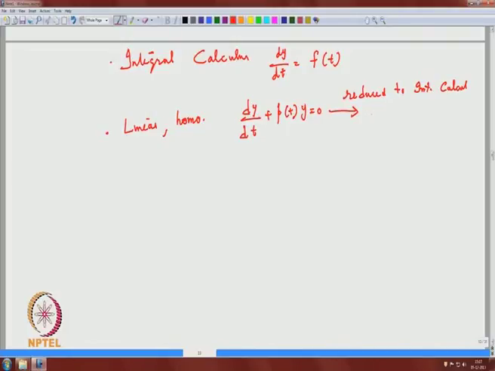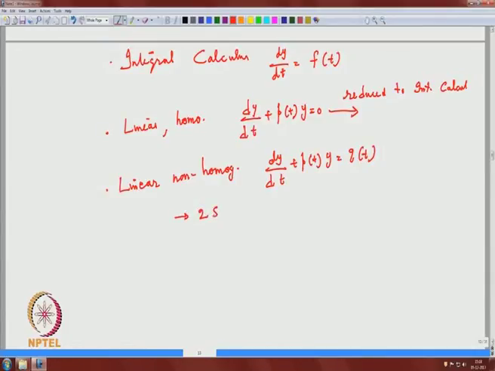So, you have a solution, and then the linear non homogeneous equation, you have this equation dy by dt plus pt y is equal to qt. This you have done in 2 steps.